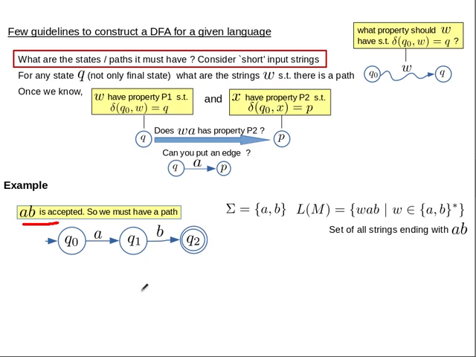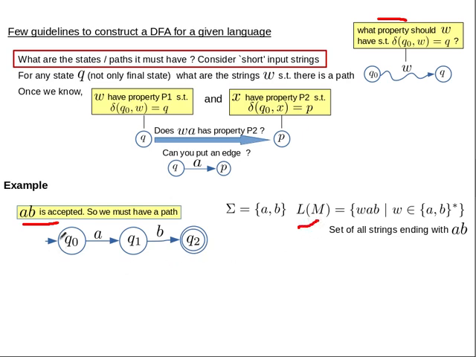There might be more than one final state, but as I said, there is no hard and fast rule, and you try to figure out this property and what property the strings should have in order to reach something. So let's see whether we can make it work with just this one final state. If that is the case, then the strings that lead from Q0 to Q2 are precisely the strings which are in this language, right?